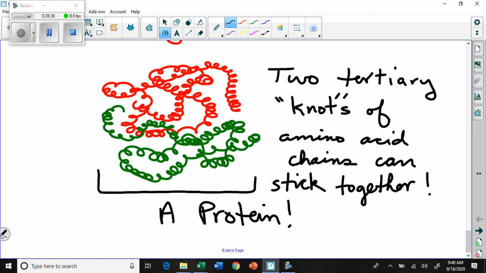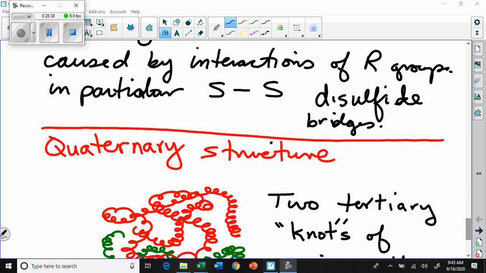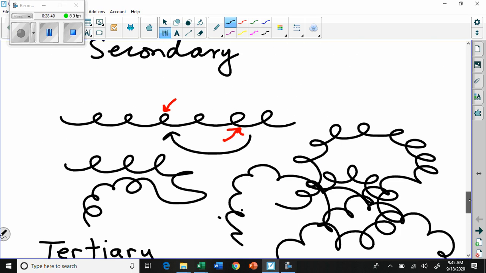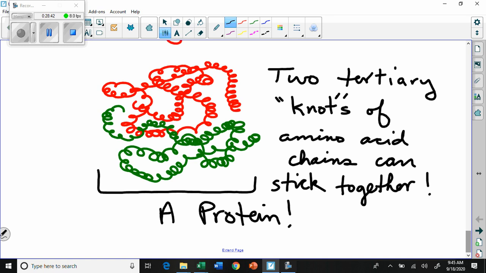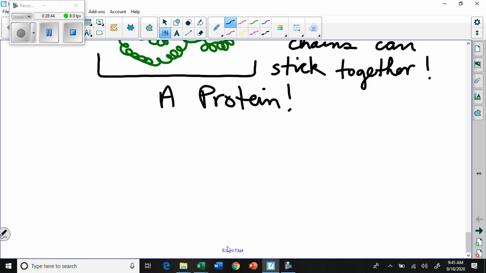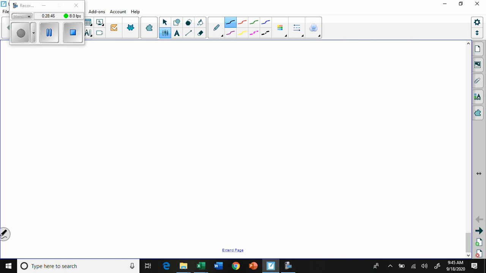So I think what we'll do is we'll just do a quick summary of this. A very quick summary, once you're finished drawing and writing. Let's summarize then. Whoops, let's go down here. All right. So a protein is a complex molecule. It has a primary structure.